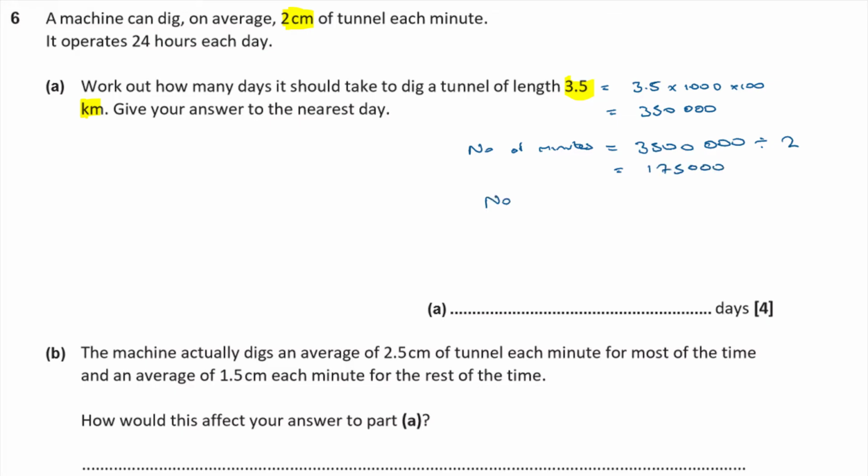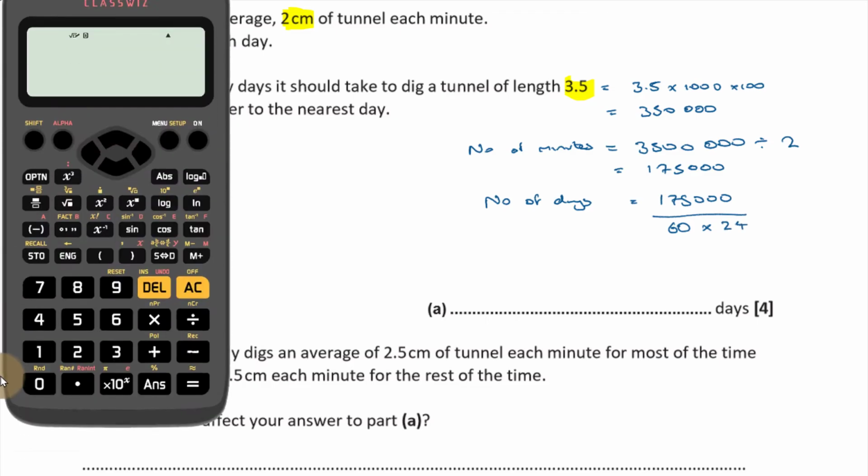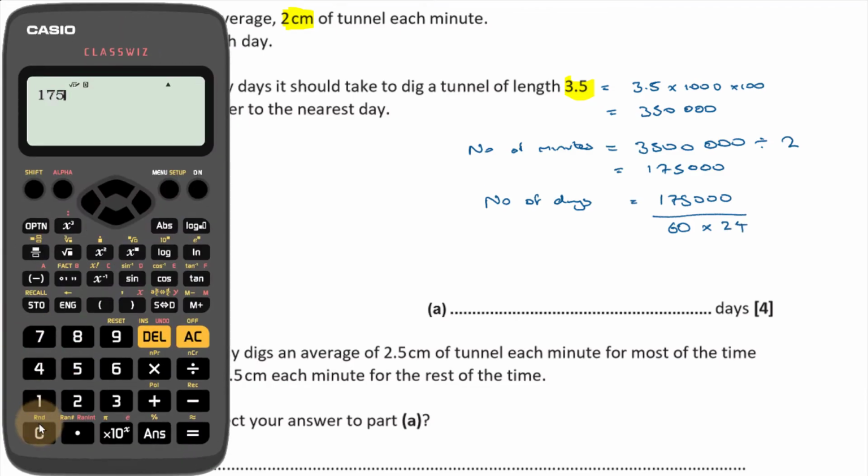So then the number of days, now we can go from minutes to days by dividing by the number of minutes in an hour, which is 60, and dividing by the number of hours in a day, which is 24. Okay, so it's 175,000 divided by 60 divided by 24. So what is that then? That comes out to be 121.5 and change.